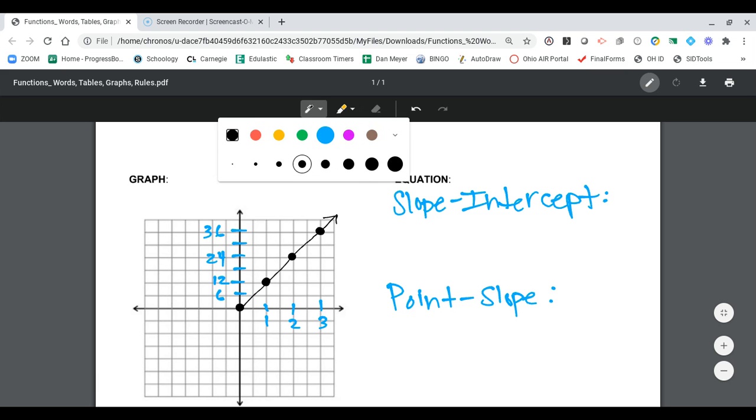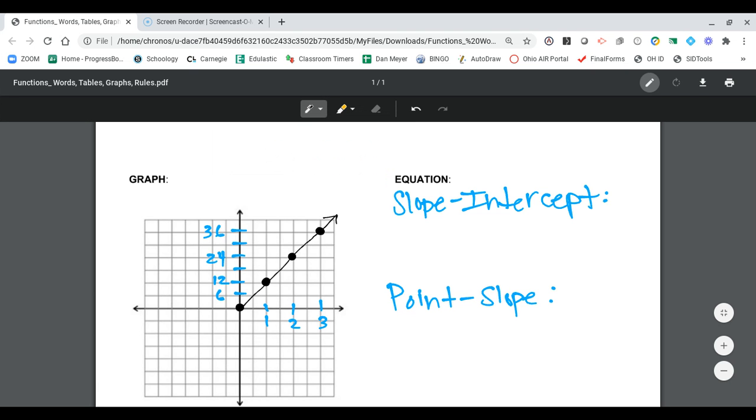Slope-intercept form: y equals mx plus b. M is your slope. So let's go over to the graph, or you could go to your table. How much do I rise and how much do I run? It looks like I rose 12 and ran 1.